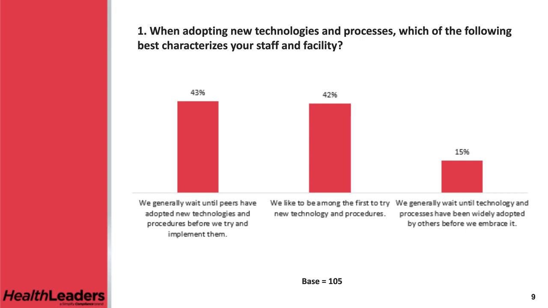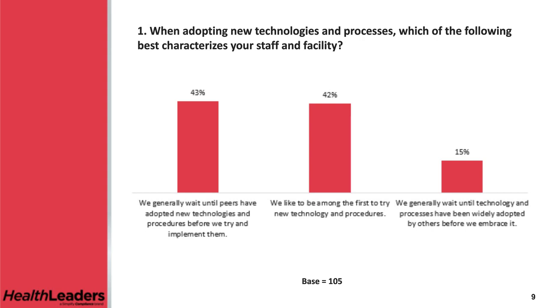And then I looked at the so-called laggards, so the third column, and hospitals, health systems, 13% of them fell in that bucket, while 8% of the physician organizations did. So, again, slight indication that physician orgs were a little more willing to be early adopters than hospital health systems.